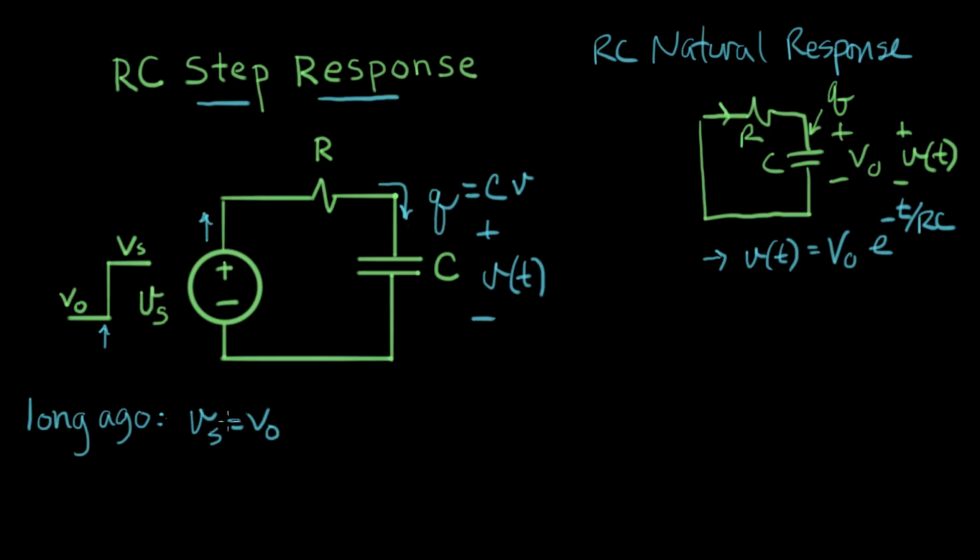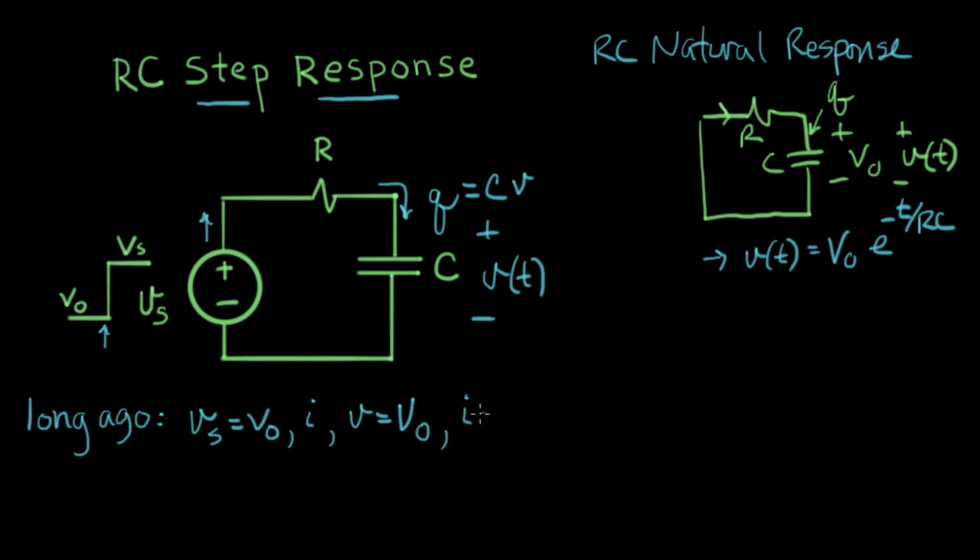So if a long time ago Vs was V0, basically what happened? Some current flowed until V here reached V0. So V equals V0. At some time in the past, V became V naught. And what happened to I?